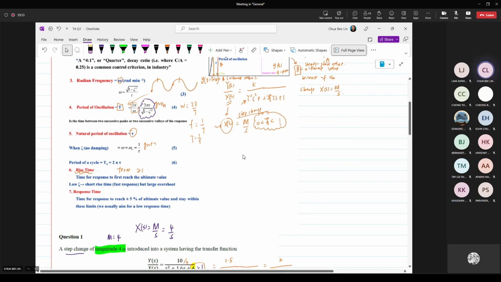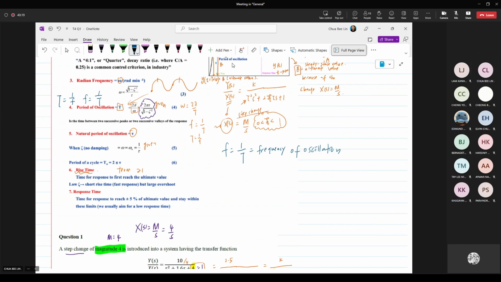I already mentioned here, when you get a T, then you will get 1 over the T, meaning that your f is equivalent to 1 over the T. Okay, so this is the frequency of oscillation. So f is 1 over T, which is the frequency of oscillation.